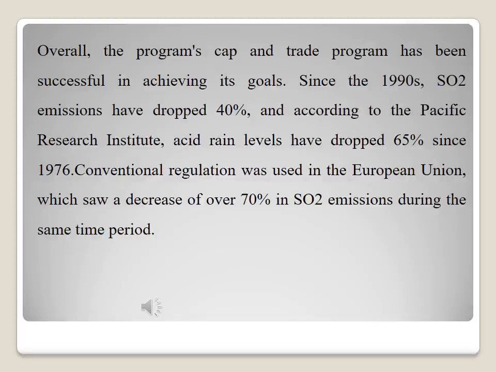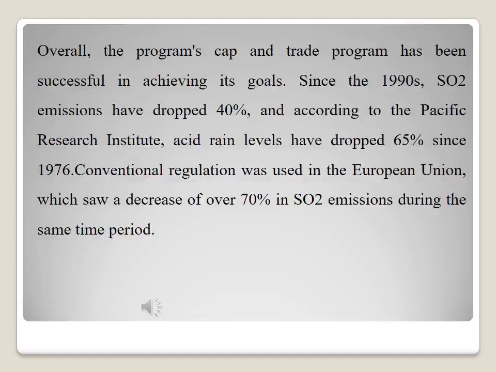Since the 1990s, sulfur dioxide emissions have dropped 40% and according to the Pacific Research Institute, acid rain levels have dropped 65% since 1976.